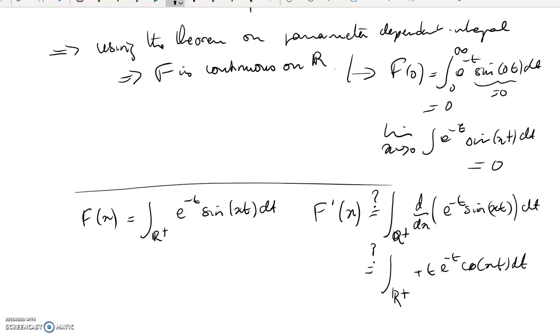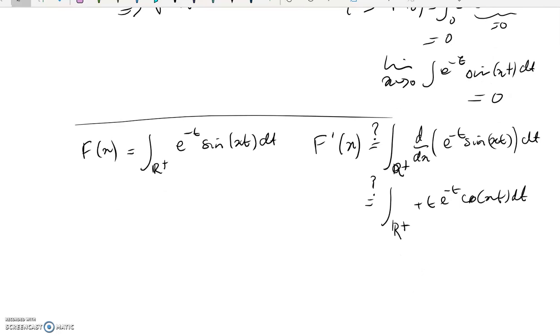Okay, so in order to prove that, what do we have to check? We have already checked continuity and boundedness of these. We have that the partial derivative in x exists.